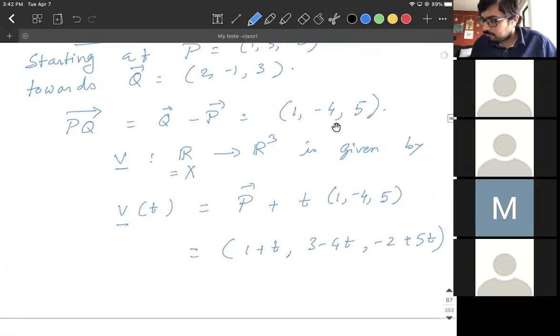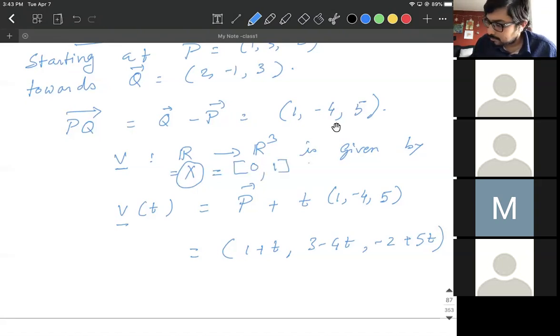Now this is the general equation. The point is that this will also determine what X is. Notice that you have to start from t equals 0 to start from the point P, right? And at t equals 1, this is Q. So X is actually [0, 1].